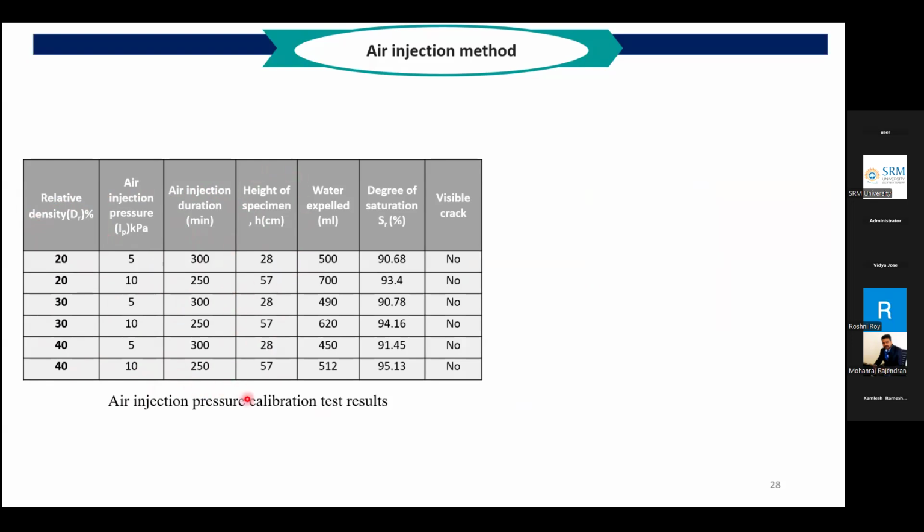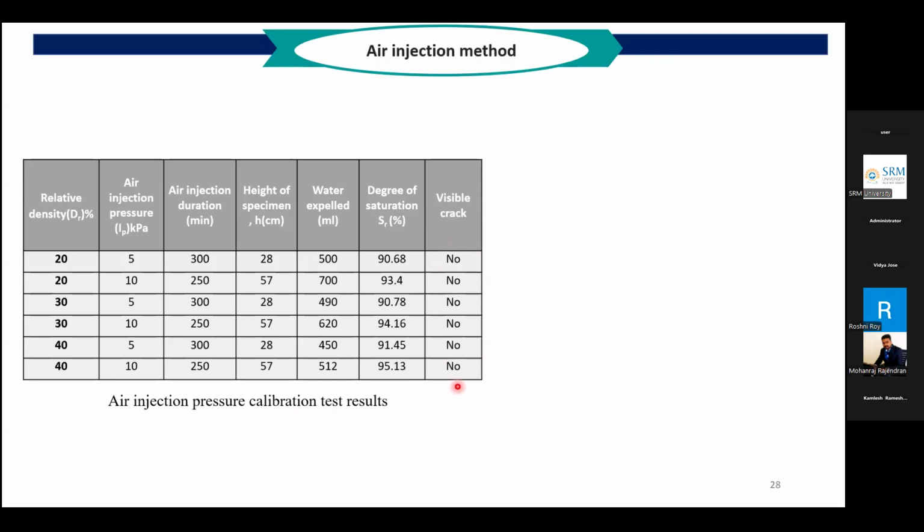And we have maintained this with a 2857 sample size. And the expelled water quantity was measured. Through this measured expelled water quantity, the degree of saturation was back calculated using the theoretical process. Since the air injection is pressurized with some air pressure, it should not create any visible cracks in the soil system.